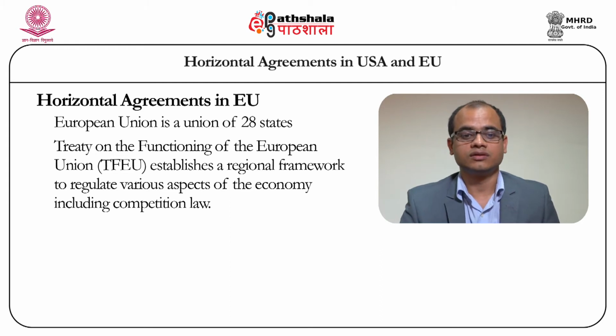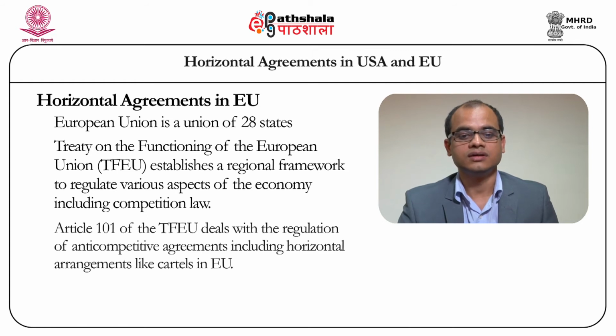So Regulation 1 of 2003 laid down the rules for implementing the Lisbon Treaty, and Article 101 deals with agreements. Now we'll focus on the main ingredients of this article.